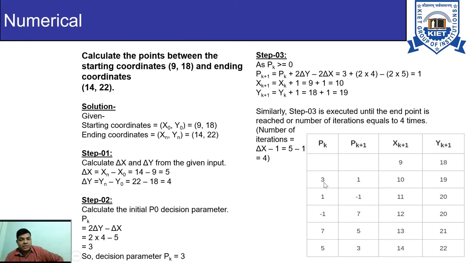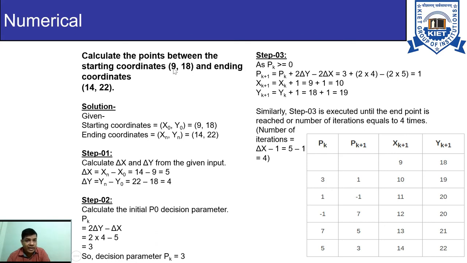So in this case, you can see that the value of initial pixel parameter is 3, and as I have already said, you have to simply increment the value of x, because we are speaking about the line which is having the slope less than 1. And whenever the pixel parameter value is more than 0, you have to increment the value of y.